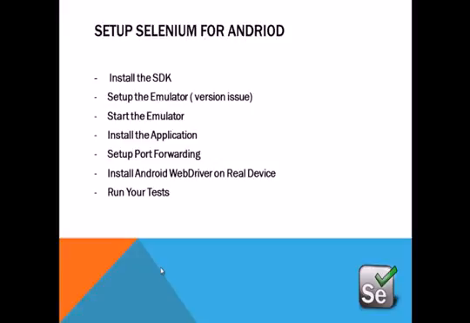Then start the emulator, then install the application, then set up port forwarding. Now it's a really important issue because Selenium WebDriver listens on the port 8080 only. So before you start the test, you have to forward the port to 8080. Then install WebDriver on the real device and then run your test.